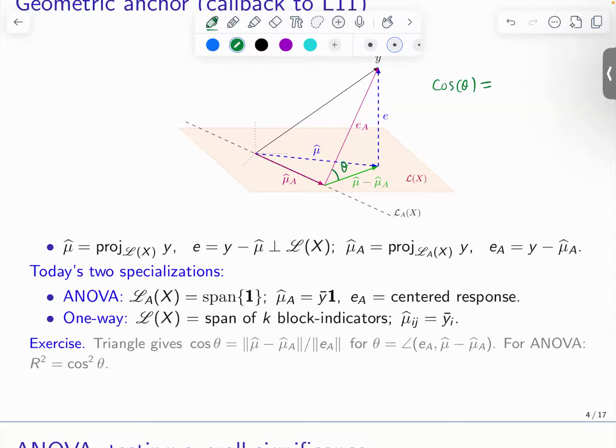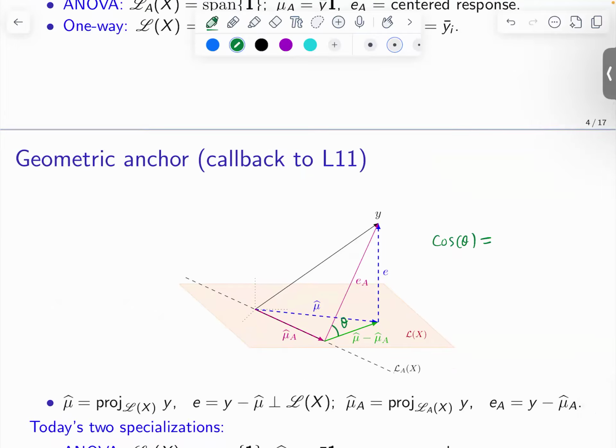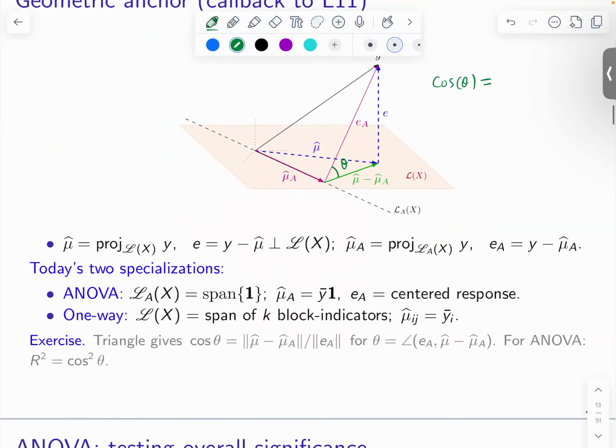Can we get an expression? Let me not show you what the expression is. I'll use this briefly later. How do you write the cosine of this angle between mu hat minus mu hat A and EA?